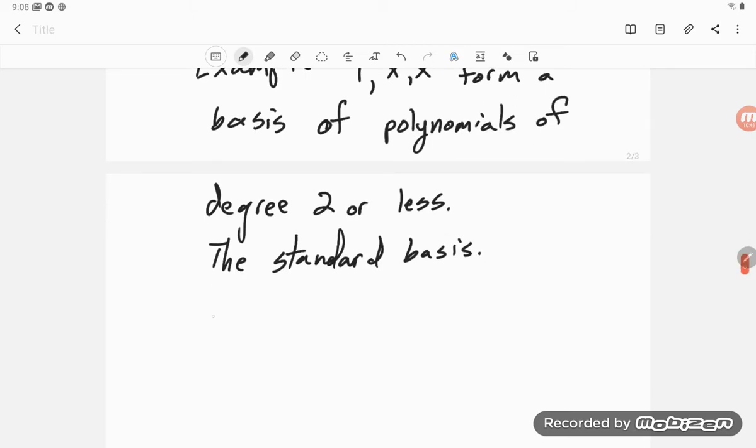So we'll call this subspace of all functions, P2. And if I have an element of P2, it would be something like ax squared plus bx plus c.